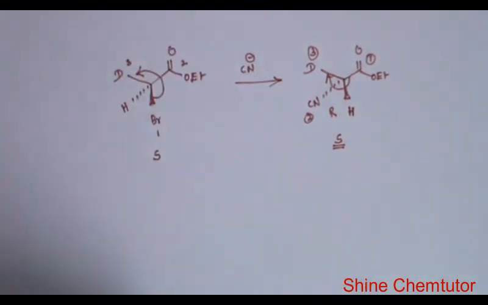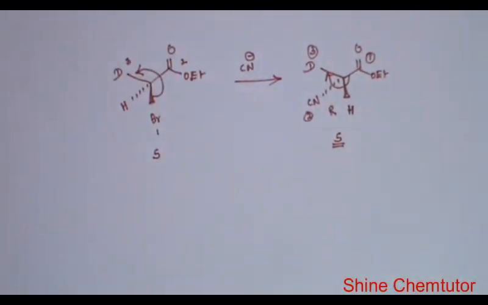Instead of CO2Et, say there is CH3. In such case, there will be inversion configuration. So, if the higher priority leaving group is displaced by higher priority nucleophile, you will get inversion. Otherwise, you won't get. So, this is very good example to explain that.